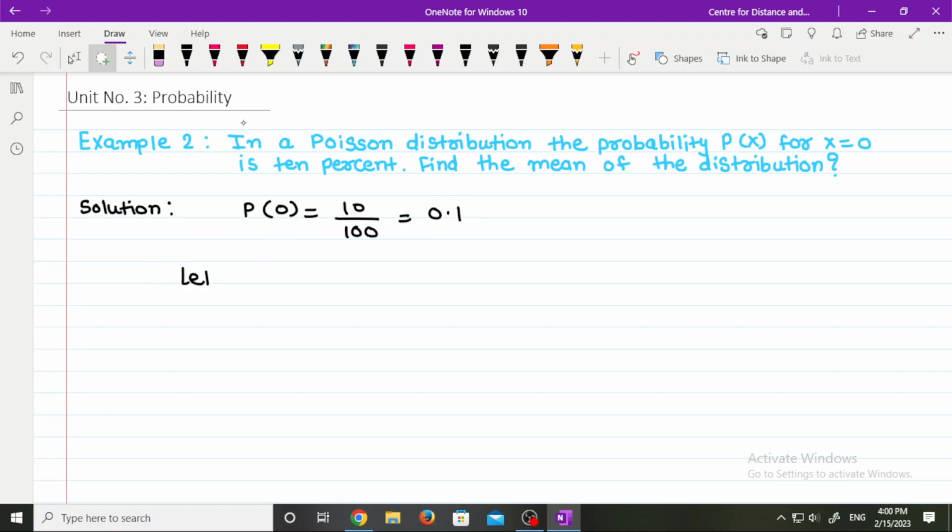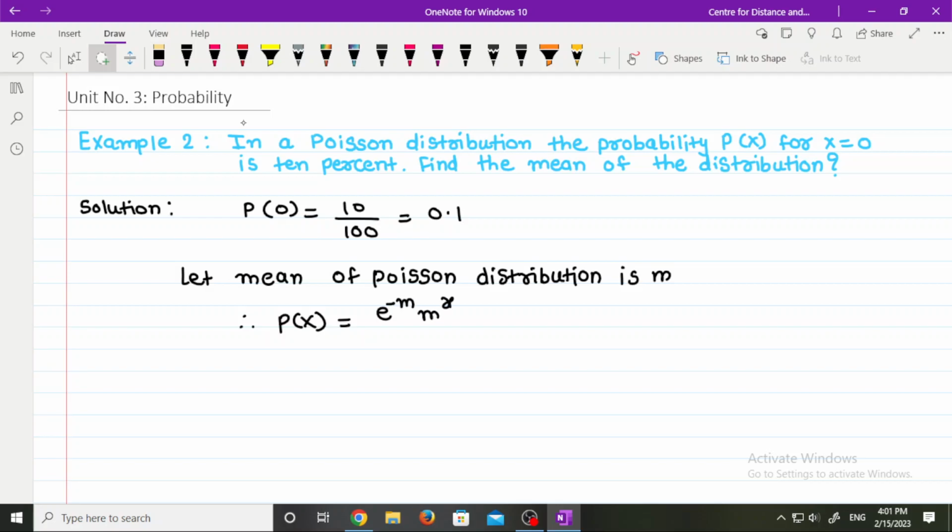Let the mean of the Poisson distribution be m. Now we write the formula of Poisson distribution, that is P(x) equals e raised to minus m, m raised to x divided by x factorial.